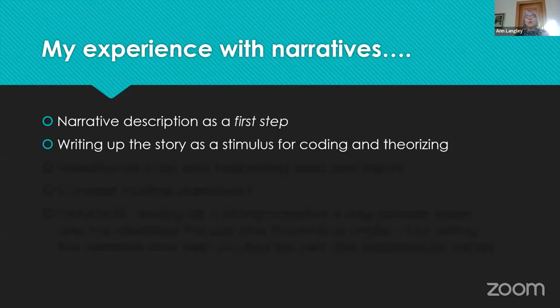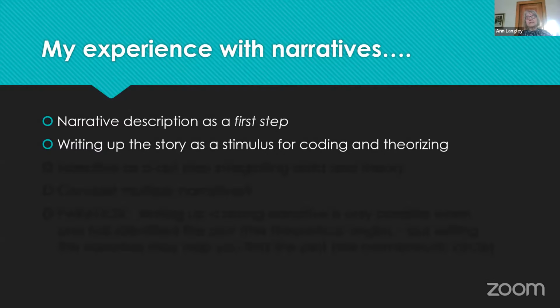So one way is to use it as the first step. You have all this mess. Why not just try and write it up as completely as possible? And this is the step that Kathleen Eisenhardt always recommends. She talks about multiple case studies, and how for each of her cases, she writes something like a 70-page, single-spaced story.